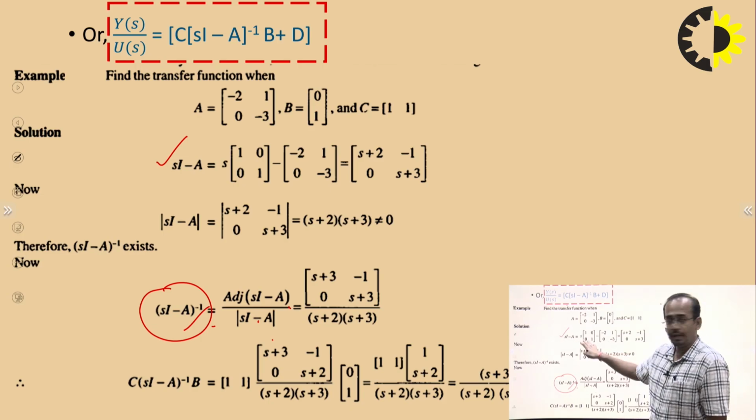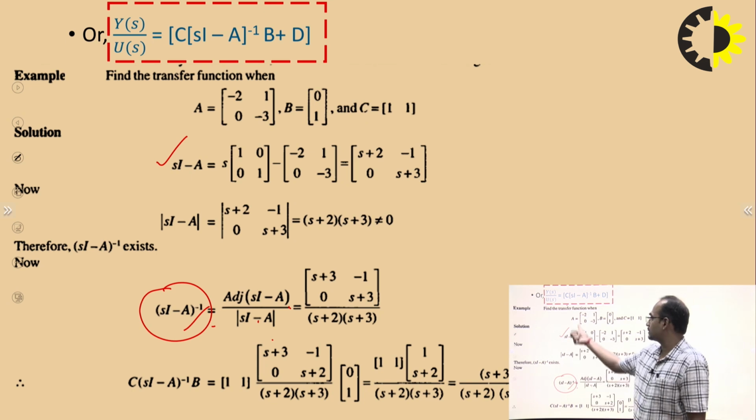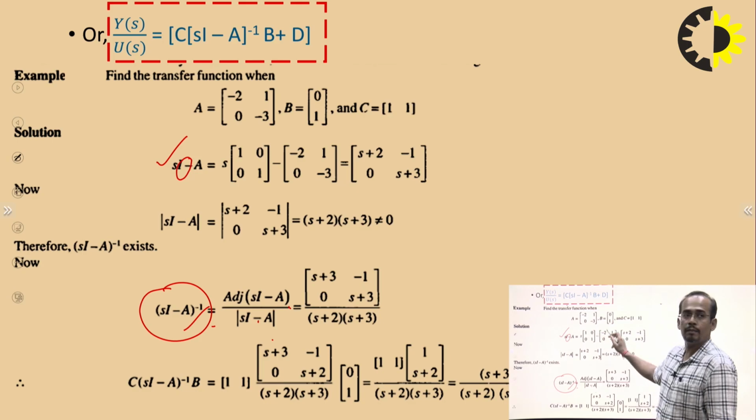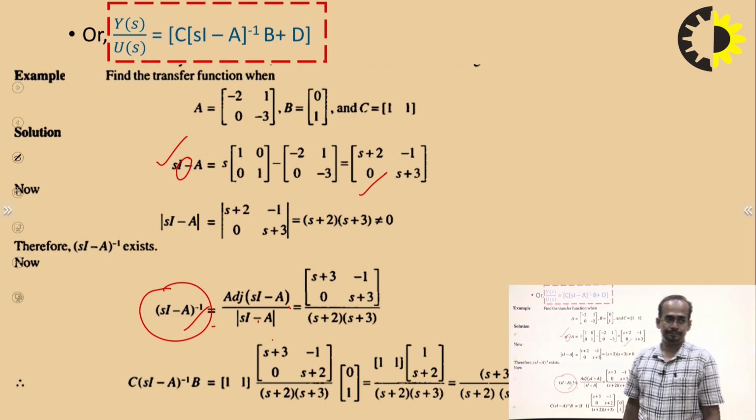So sI minus A is equal to s times I, which is the 2 cross 2 matrix with 1 0 and 0 1, minus A, which is minus 2, minus 2 1 0, minus 1 0, minus 3. So what will you get? s plus 2, minus 1, 0, s plus 3.